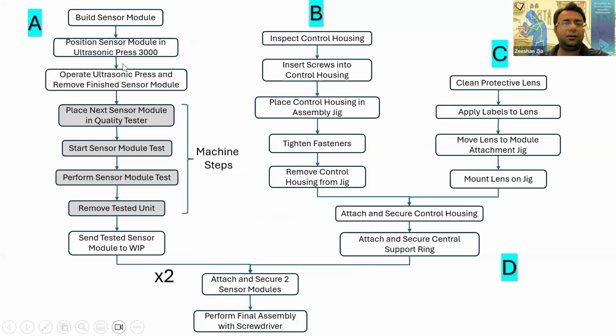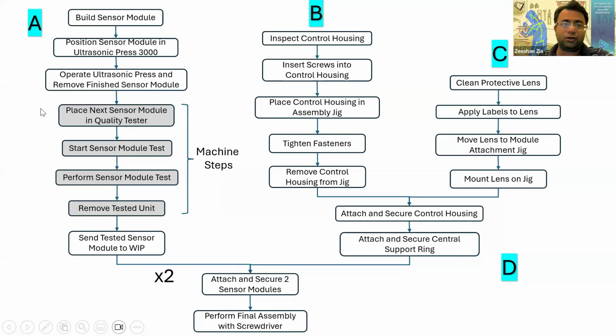So this is line A. Basically the sensor module is built. It goes into the ultrasonic press 3000. The operator operates the ultrasonic press and removes the finished sensor module. Since it's only a manual step, we keep it manual. There's no automatic step, so we didn't need to label it as machine manual.